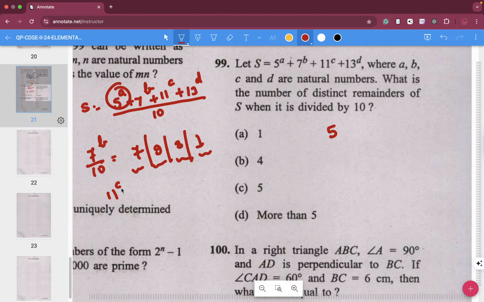Similarly, 11 raised to the power C, if divided by 10, in all cases the remainder will be 1 only.